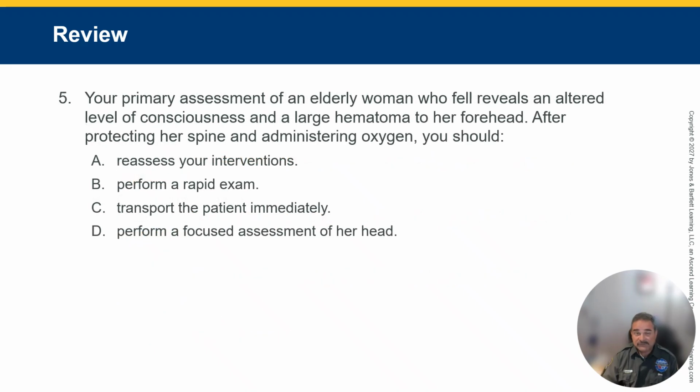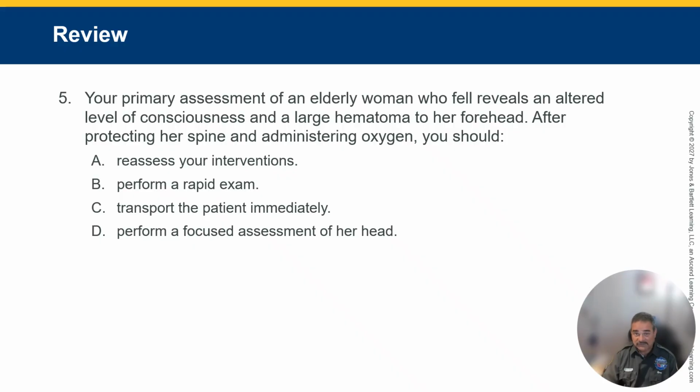Your primary assessment of an elderly woman who fell reveals altered level of consciousness and a large hematoma on her forehead. Uh-oh. After protecting her spine and administering oxygen, you should... What's next? Okay. You've done your general impression. You've pretty much gotten your primary because you got altered level of consciousness.